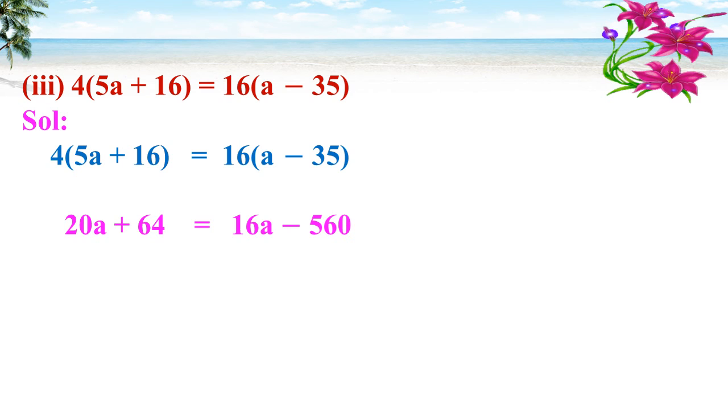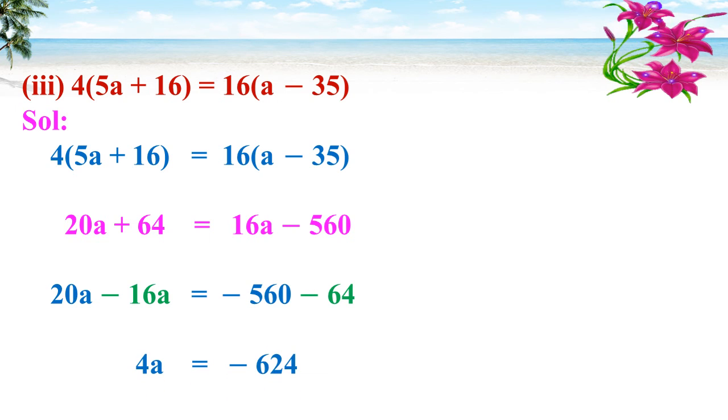Now separate the variable and constants. 20a minus 16a is equal to minus 560 minus 64. 20a minus 16a, 4a is equal to minus 624.